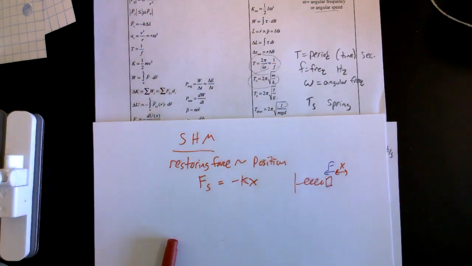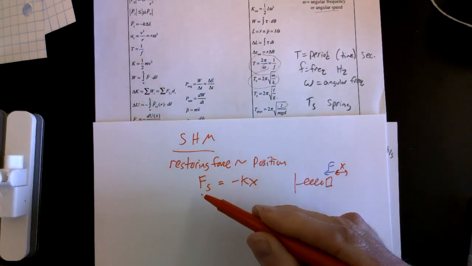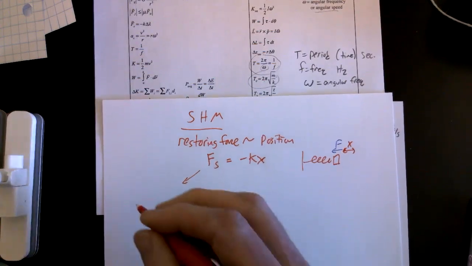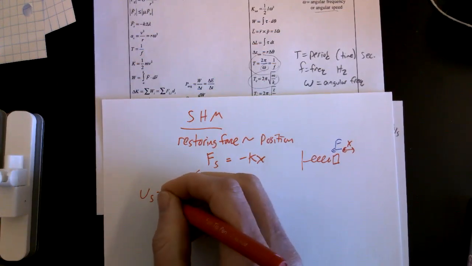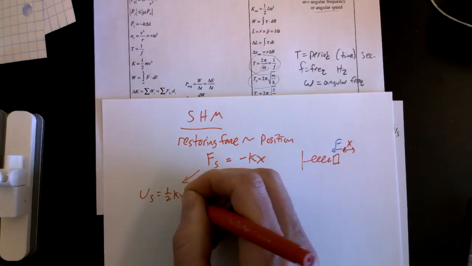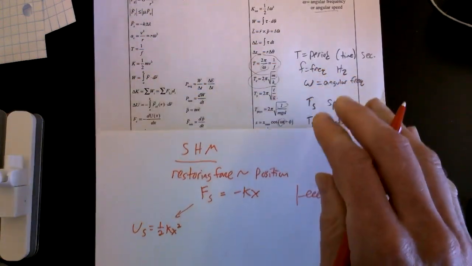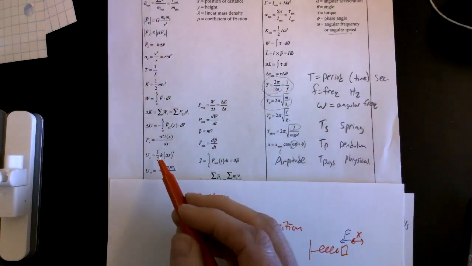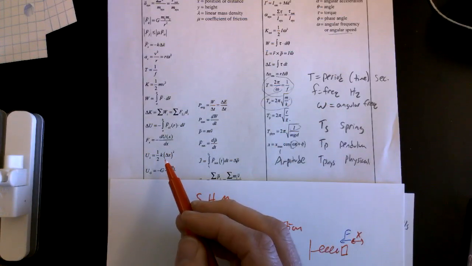And those are proportional to each other. So the more x you get, the more force you get. Just as a little side note, remember that the spring potential energy is 1/2 kx squared, which is another formula that's on here somewhere. Here is your spring potential energy formula right there, 1/2 kx squared.